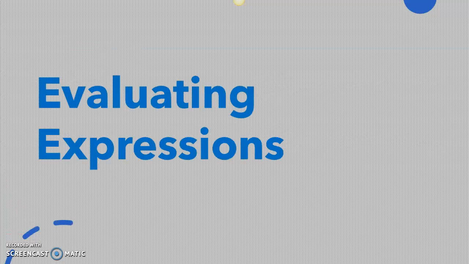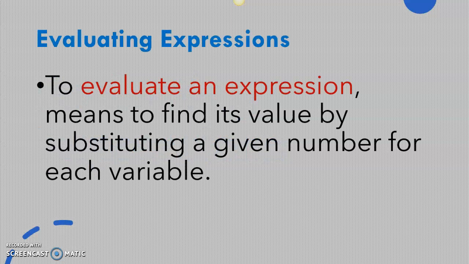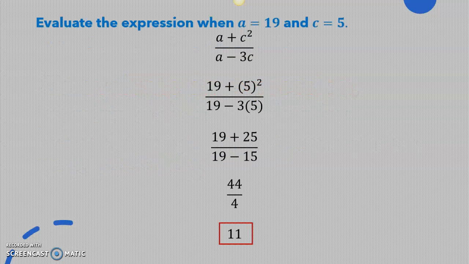In evaluating expressions, basically what we'll be doing is substituting in the given values for the variables and solving. To evaluate an expression means to find its value by substituting a given number for each variable. Here we have the problem a plus c squared divided by a minus 3c.